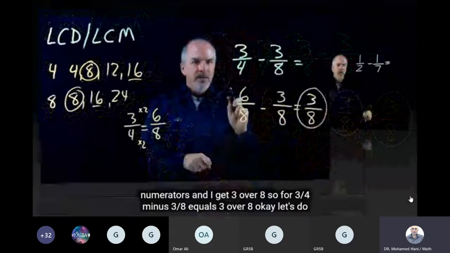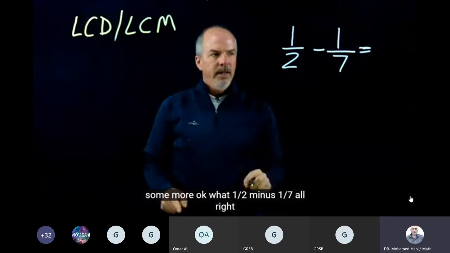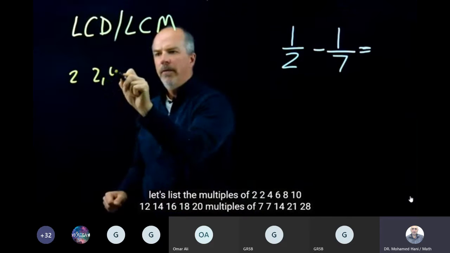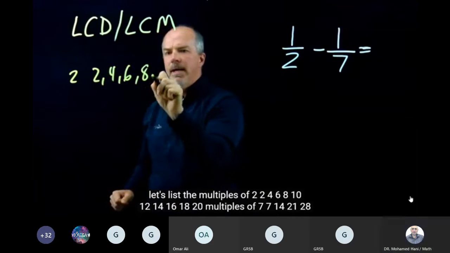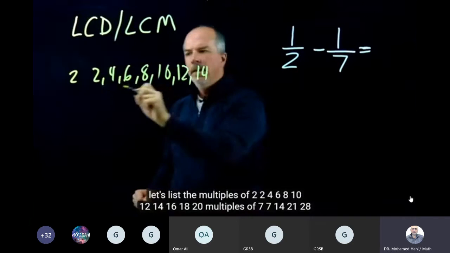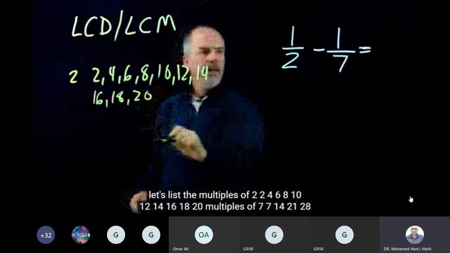Okay? Let's do some more. Okay, 1/2 minus 1/7. All right? Let's list the multiples of 2: 2, 4, 6, 8, 10, 12, 14, 16, 18, 20.